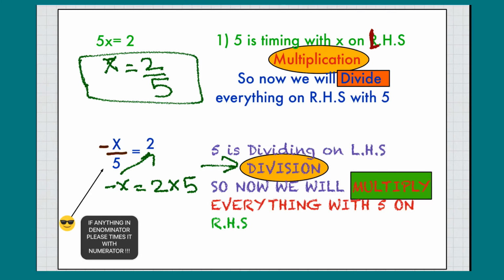If anything is in the denominator, please multiply it with the numerator on the other side. So x equals 2 times 5, which is 10. Pretty straightforward. If anything is in the denominator or in division, you can multiply everything on the other side by 5.